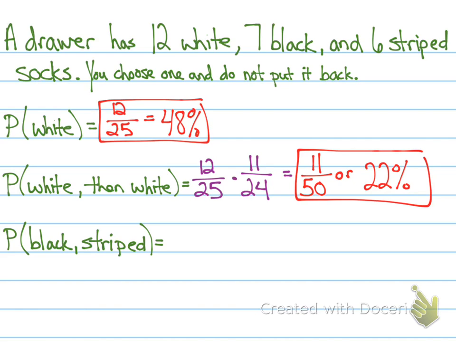Now I want you to find the probability that you choose a black sock and then a striped sock. Keep in mind that you don't put the black sock back when you choose it. We're just playing a hypothetical scenario here. What is the fraction for choosing a black sock? 7/25. What's the fraction for choosing a striped sock?